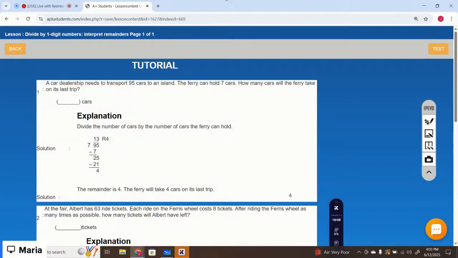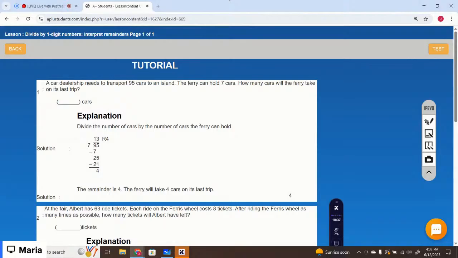A car dealership needs to transport 95 cars to an island. The ferry can hold 7 cars. How many cars will the ferry take on its last trip? So divide 95 by 7. 7 times 1 is 7. 9 take away 7 is 2.